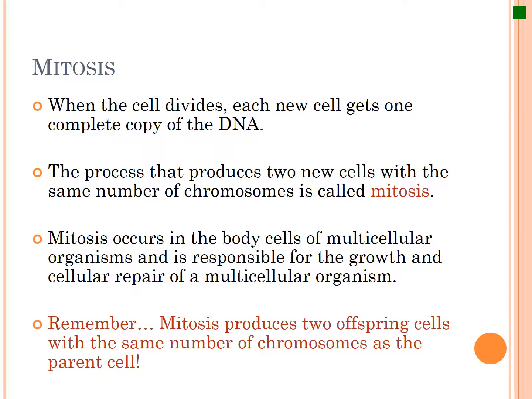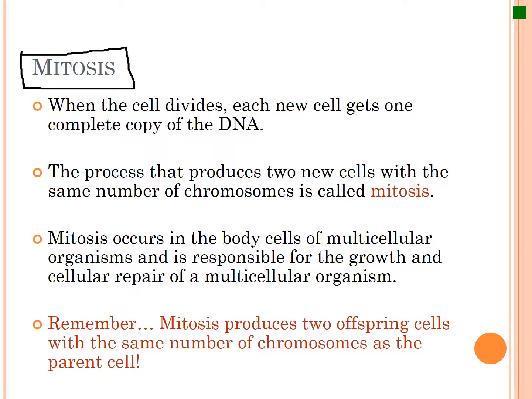The process by which cells divide so that an exact copy of the genetic material is passed from the parent to the offspring is called mitosis. There's a new word for you, mitosis. You need to know that. So that's when a cell divides and each new cell gets one complete copy of the DNA.